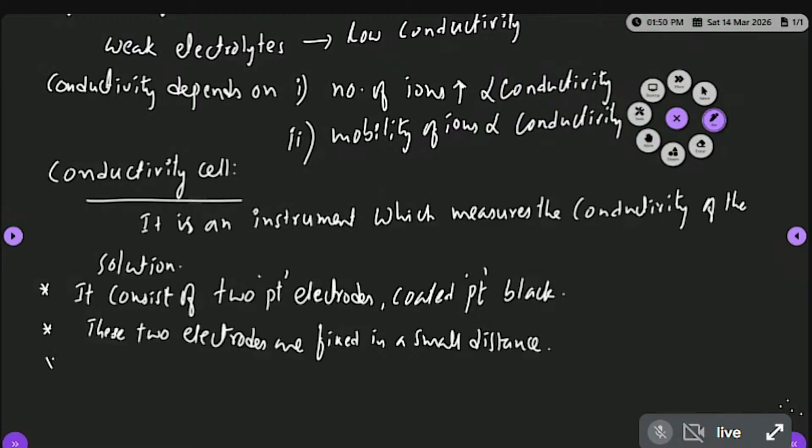And then the conductivity cell is dipped in the solution and connected to the conductivity meter.